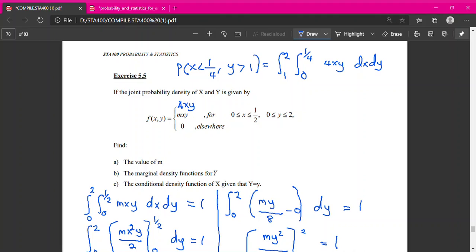Okay, so you buat macam tadilah. Do the double integration. Okay, integrate 4xy with respect to x. So, you akan dapat 4x square y divide dengan 2, 0, 1 over 4 dy. Okay, replacekan 1 over 4 in x.